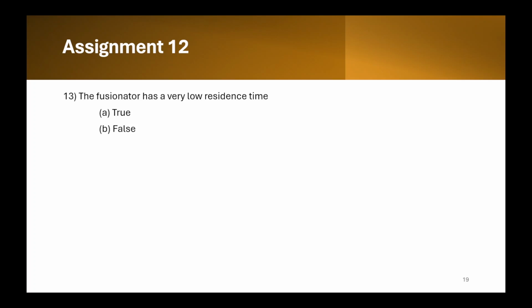So we saw in the overview of the lecture that the fusionator gives us sodium phenoxide. We have sodium benzene sulfonate, and we add NaOH. It is basically a very high residence time because it takes around 5 to 6 hours.